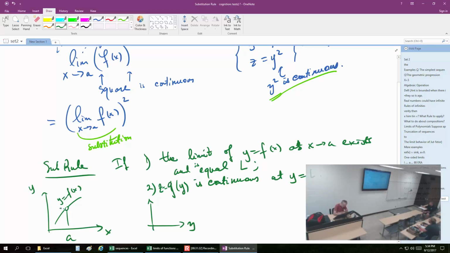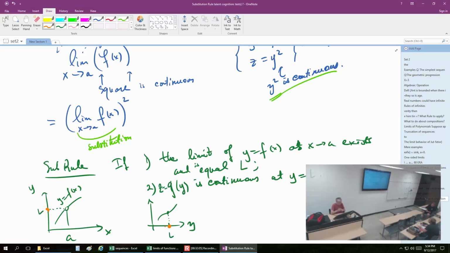Okay, and this is L. So the function f is well behaved. The limit at a is equal to L. Now we're looking at a function g that is continuous to begin with, continuous at that point L. I am referring to the same point L over here as over there.